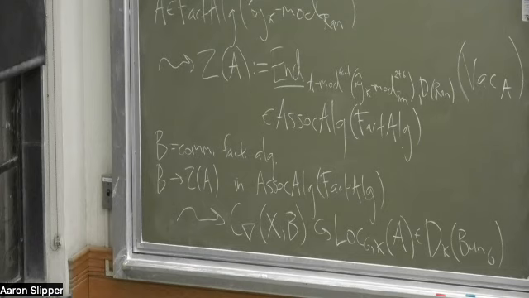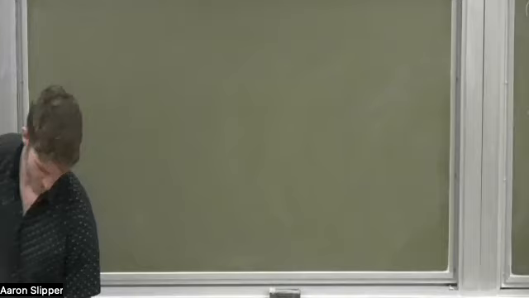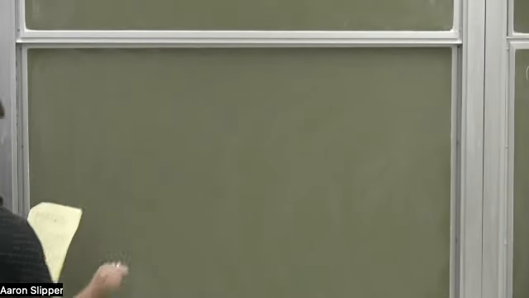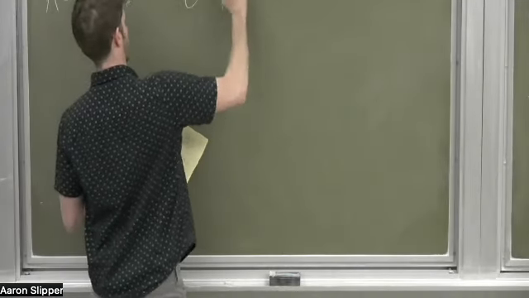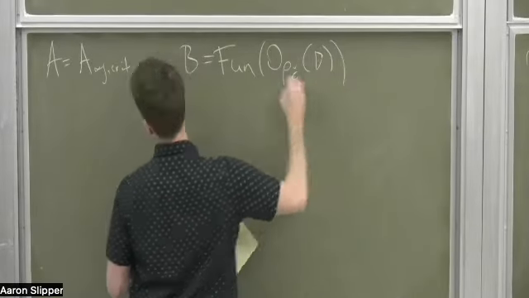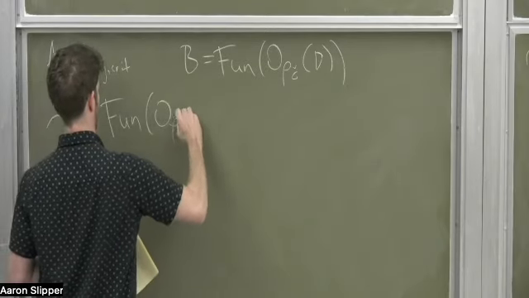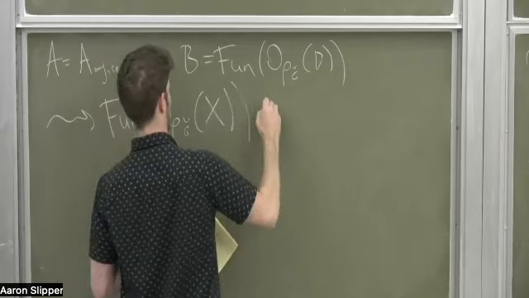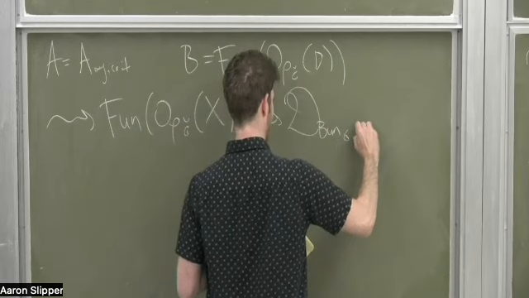Okay, great. So that actually takes care of the first desideratum from before. This is going to give us an action. Writing it out explicitly in our situation, this spits out an action of functions on global opers on critically twisted modules, critically twisted differential operators.